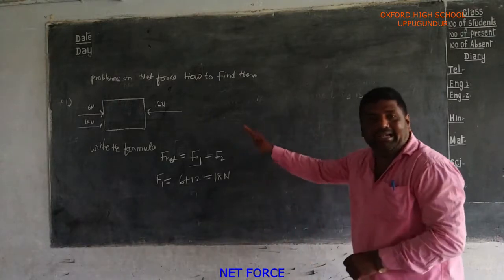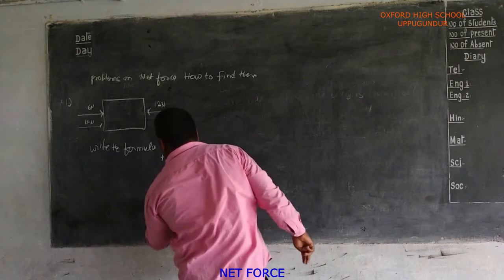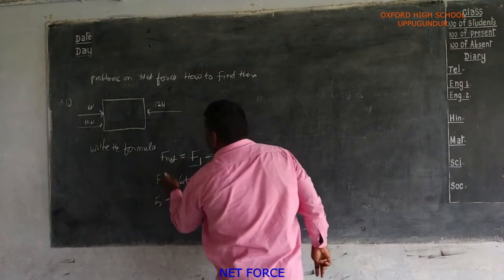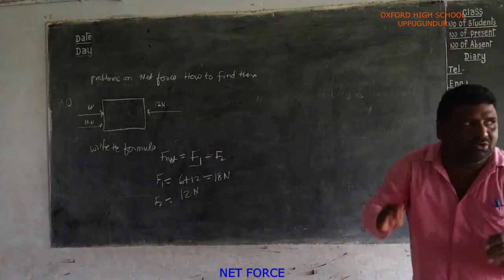Again, we find the right side forces. In total, how many are there? 12. So F2 is 12 newtons. Now find the net force.